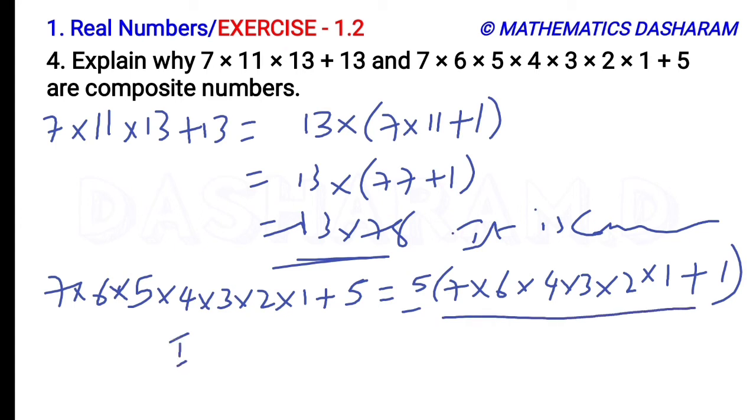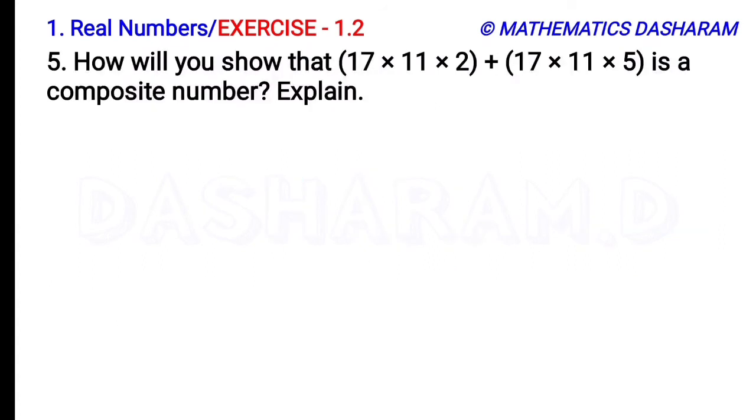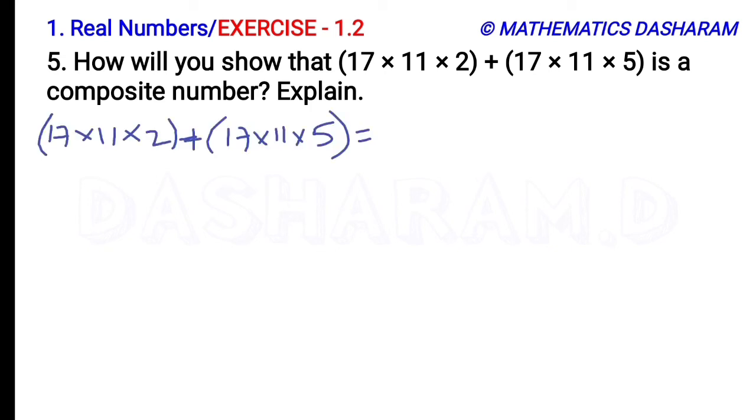So definitely it is a composite number because it was written as a product of other two numbers.